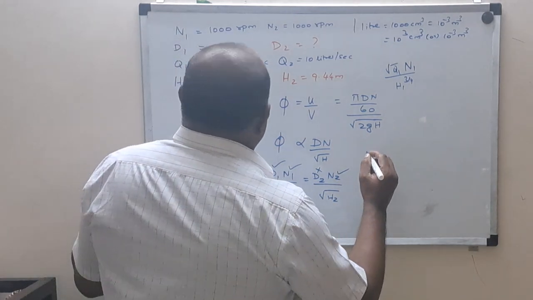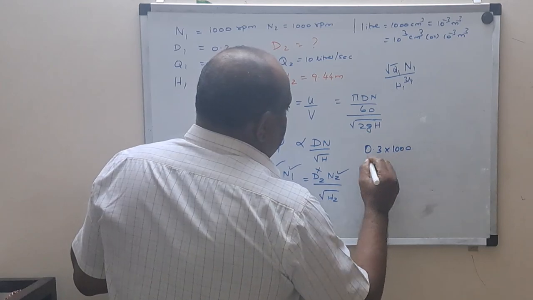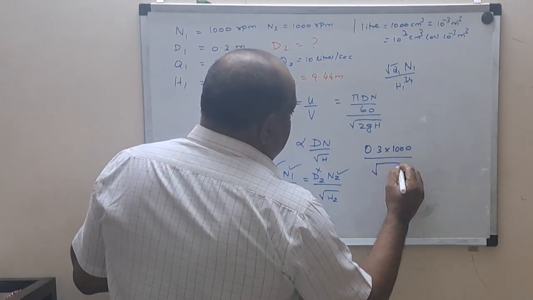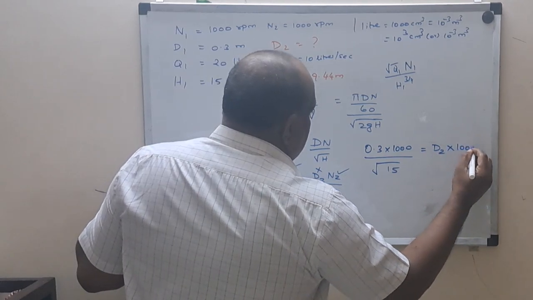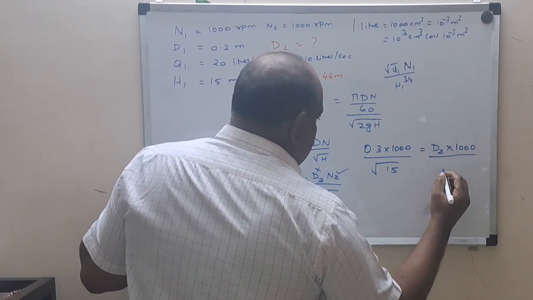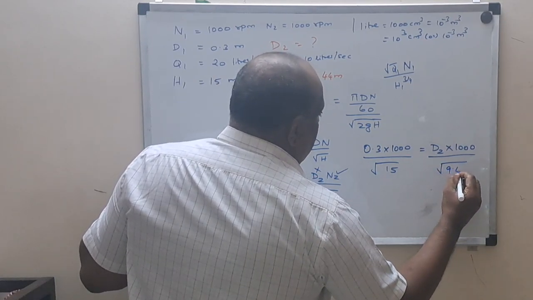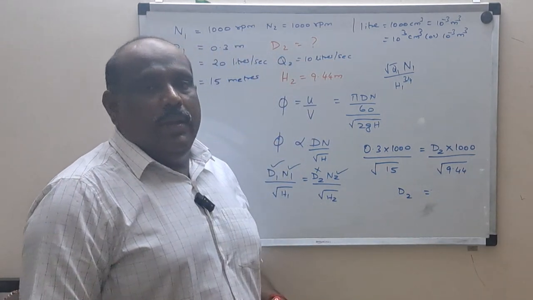So let us proceed. What is D1? 0.3 into 1000 by square root of 15 is equal to D2 into 1000, because N1 and N2 are the same speed, as given in the problem, by square root of 9.44. So the unknown is D2.